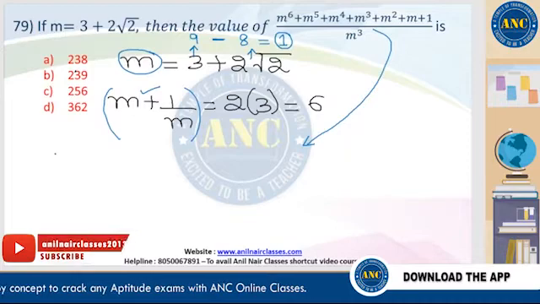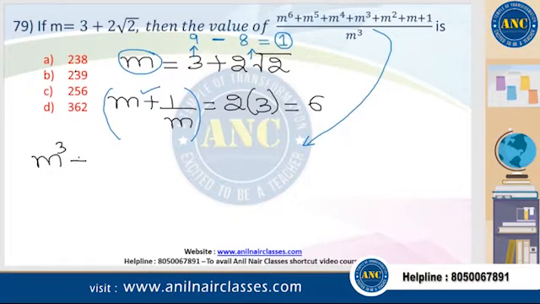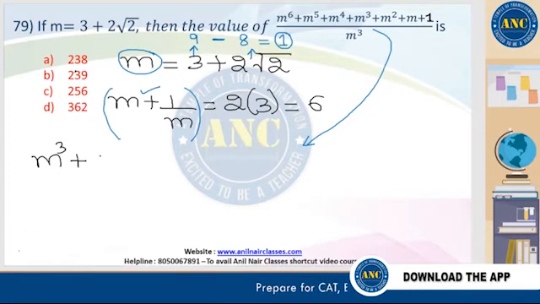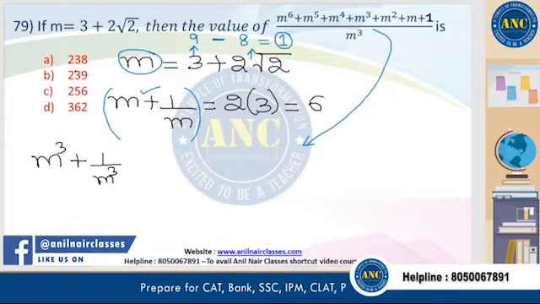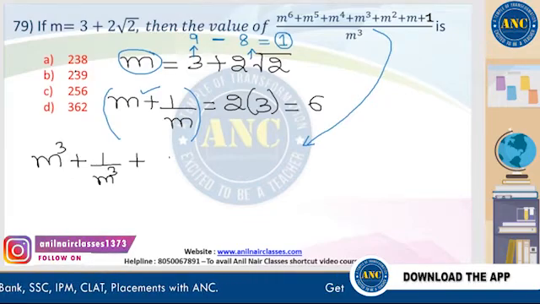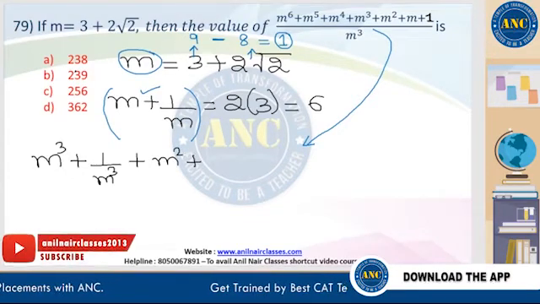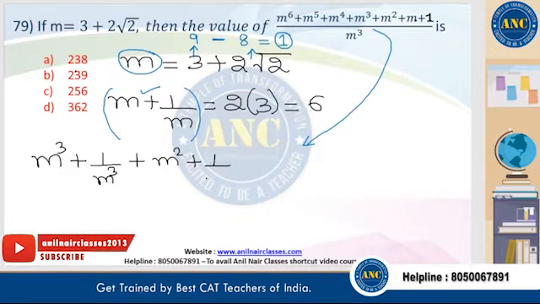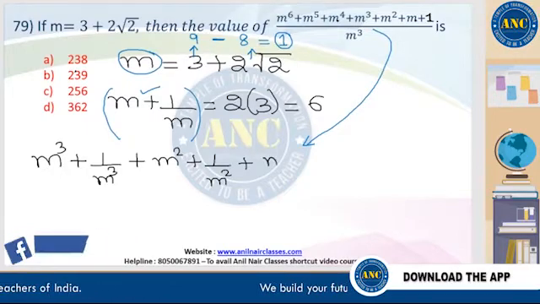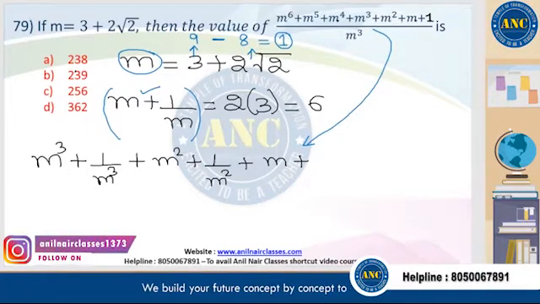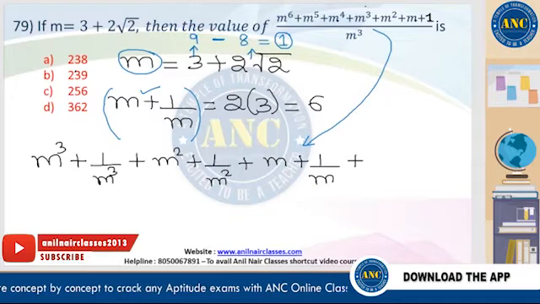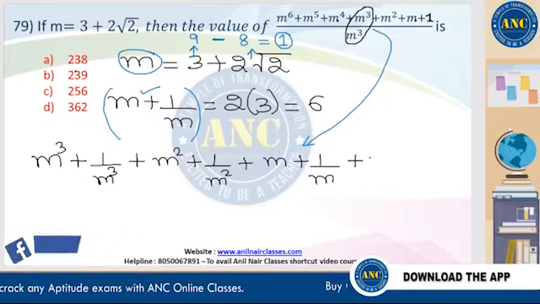Just a minute, sir. Sometimes my pen tablet won't work. It is m power 3 plus, I will rearrange it the way I require. The last term, 1 divided by m power 3, is nothing but 1 by m power 3. Next, m power 5 by m power 3 is m square, plus m divided by m power 3 is 1 by m square, plus m power 4 by m power 3 is m, plus m square divided by m cube is 1 by m, and only the middle term is left, m cube divided by m cube, which is 1.